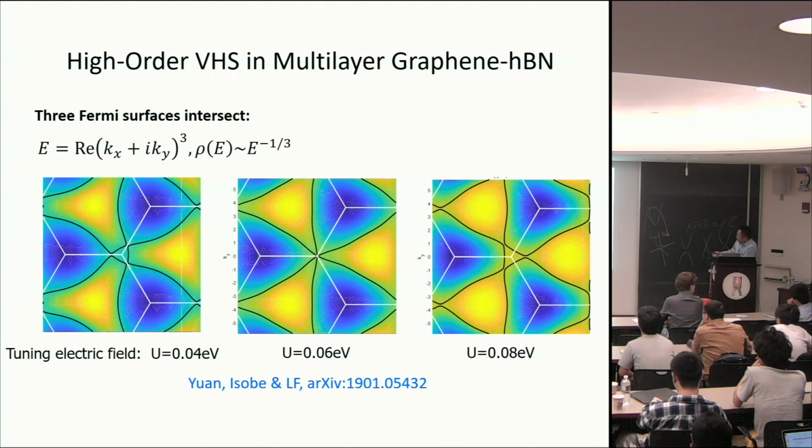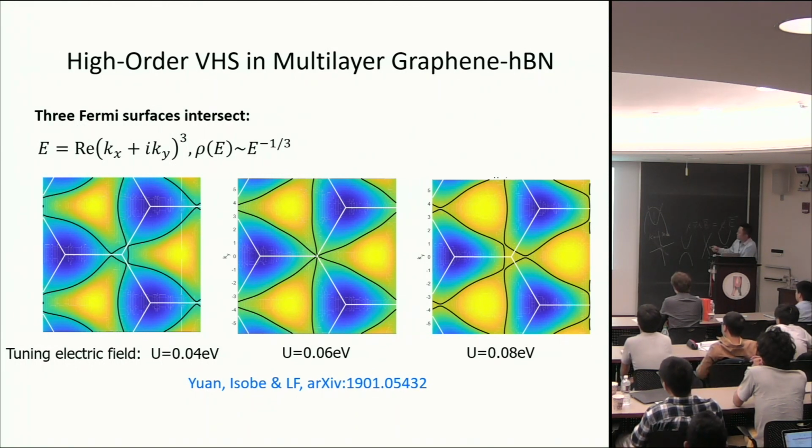If you look at the dispersion around this gamma point or K point, essentially symmetry only allows 2 terms up to third order. One is a k squared term, which is completely isotropic, and the other is this term, k_x plus k_y to the third power. When you tune the electric field, the coefficient of the k squared term can be made to vanish.